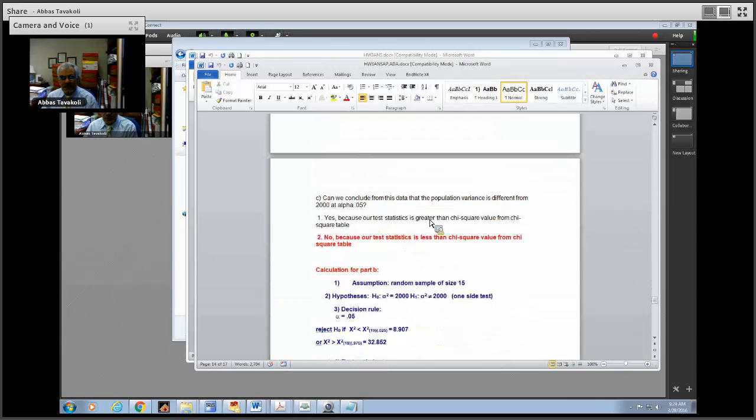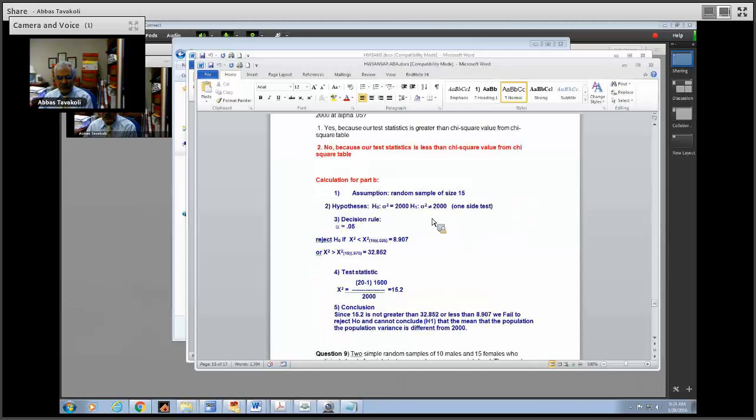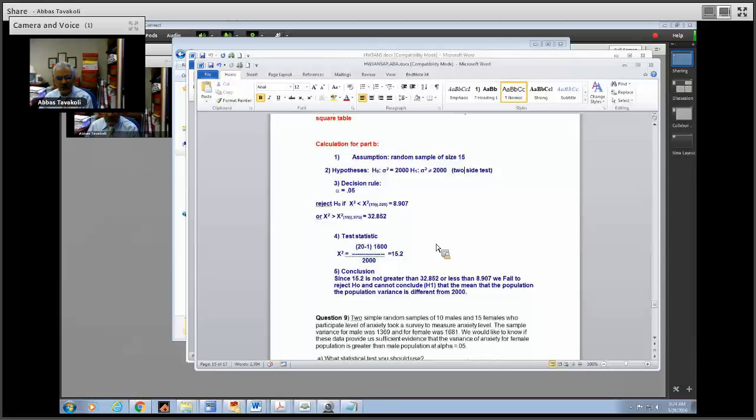Now, question 8, what I asked you to do was testing for variance. Obviously we have one sample variance, so it would be a one-population variance test. The question was, can we conclude from this data that the population variance is different from 2000? There is no direction, so the hypothesis test is two-sided, not one-sided.